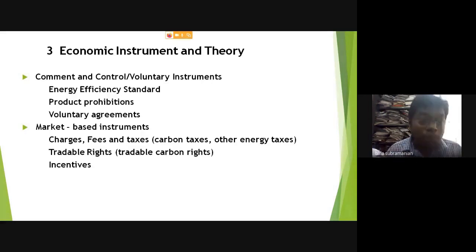The producer wants to produce the maximum, and the consumer wants to consume the maximum. Here economists are talking about neoclassical economics, the neoclassical economics perspective. Economists are involved in the production side, and in the consumption side. They want to maximize consumption and maximize production. So that is also an economic instrument. How is it applicable in climate change?